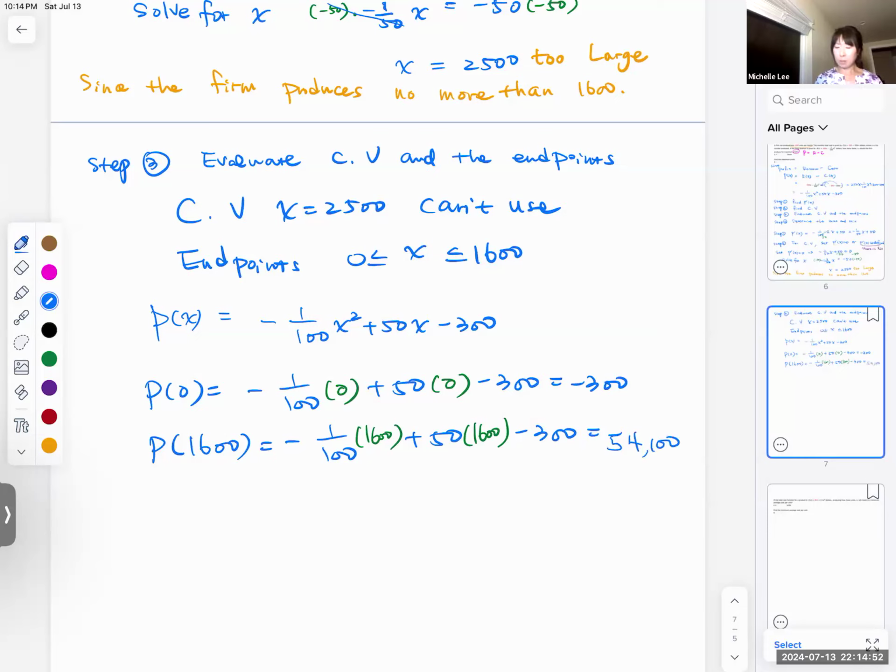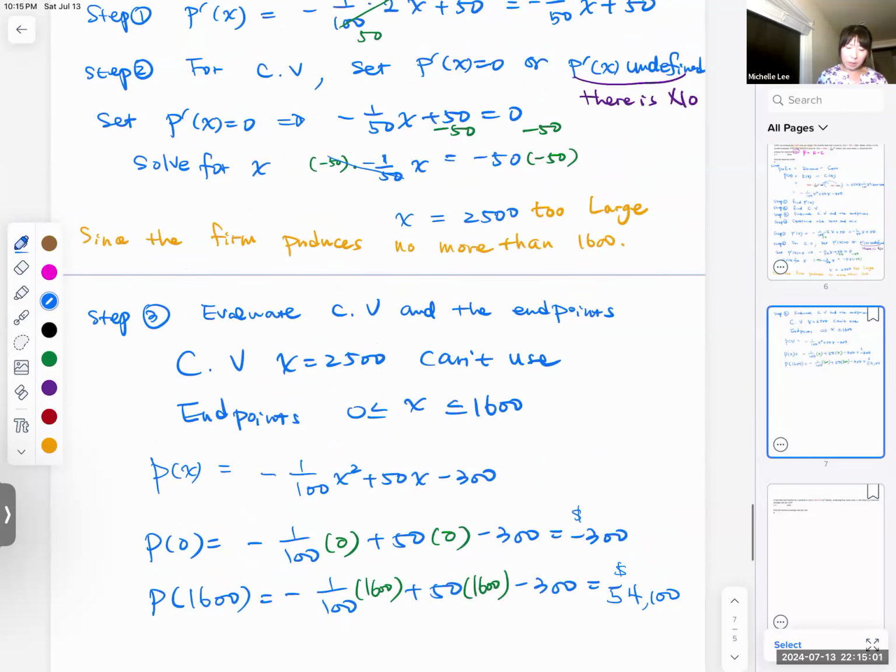This is money, right? So it can be negative money, losing money, and positive.